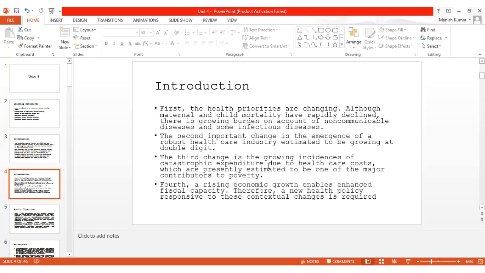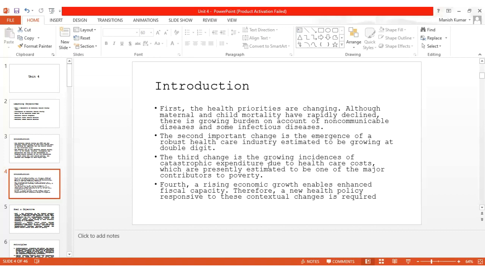The second most important change is the emergence of a robust healthcare industry. When we talk about the healthcare industry, this mostly envisages the private sector. India is becoming a medical tourism destination, wherein patients from other countries are coming, and here the cost of treatment is relatively cheaper compared to other developed countries.